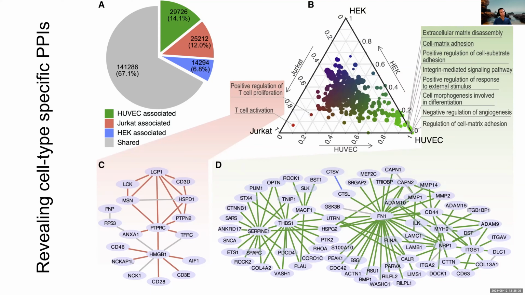If we plot the subnetworks into this 3-dimensional plot, here is how to read it. Every dot is a gene ontology term, and the position of these gene ontology terms is coded in the following way.